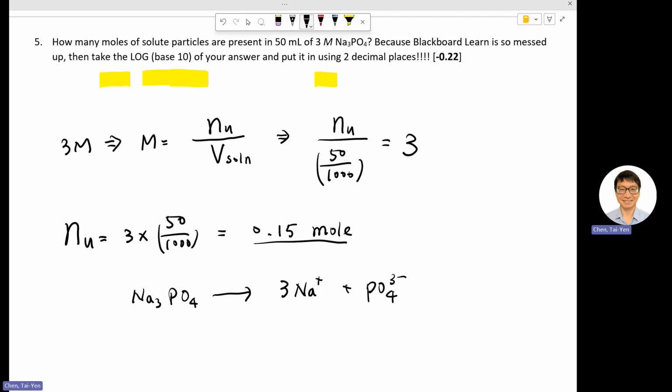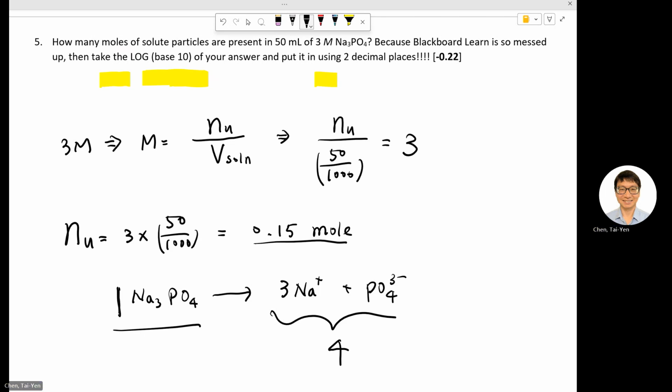This is the so-called soluble salt. Once you dissolve it in water, it does not stay in the Na3PO4 form anymore. Instead, it becomes 3 Na plus and 1 PO4 3 minus. So one of this is going to give you 4 particles.